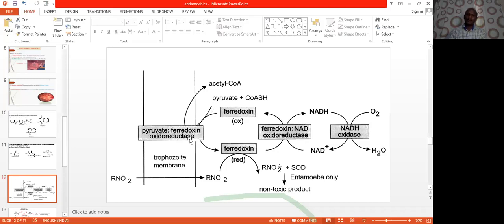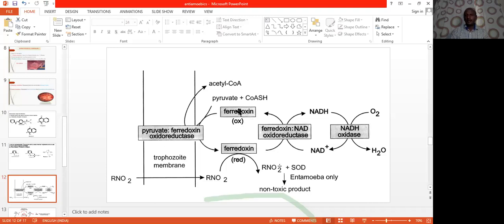This enzyme helps in formation of acetyl-CoA, and the oxidized form of ferredoxin will be converted into the reduced form. So pyruvate plus coenzyme A will be converted into acetyl coenzyme A by the enzyme pyruvate ferredoxin oxidoreductase.